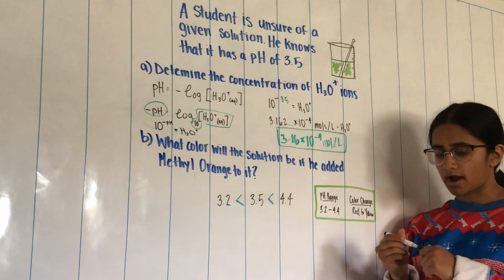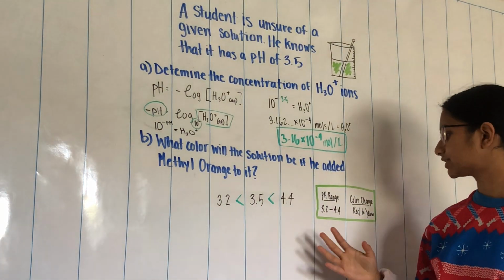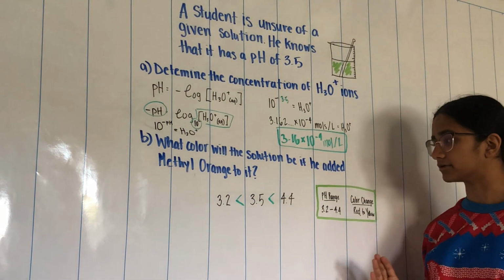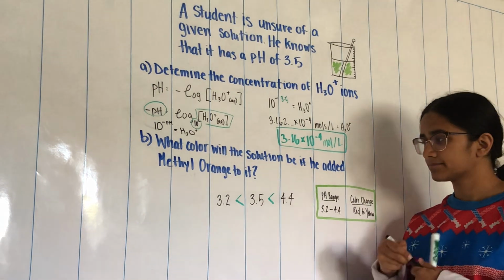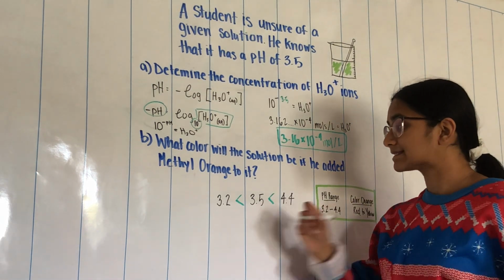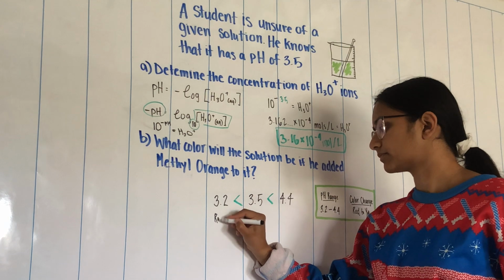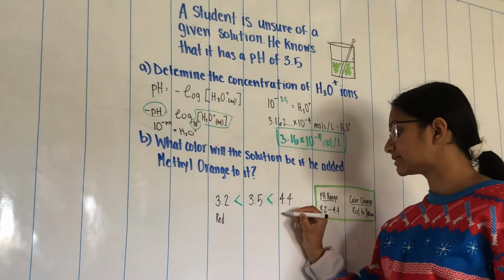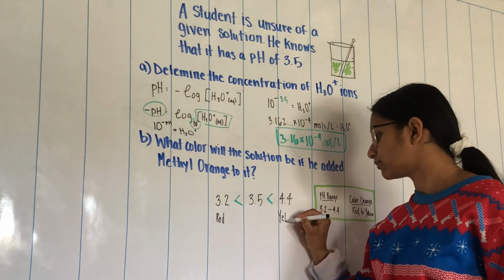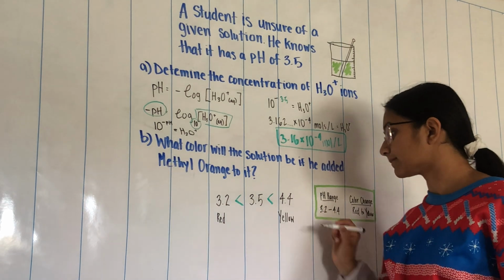This means that our given pH can't be red or yellow, because in order for it to be red, it needs to be less than 3.2. And in order for it to be yellow, it has to be greater than 4.4.